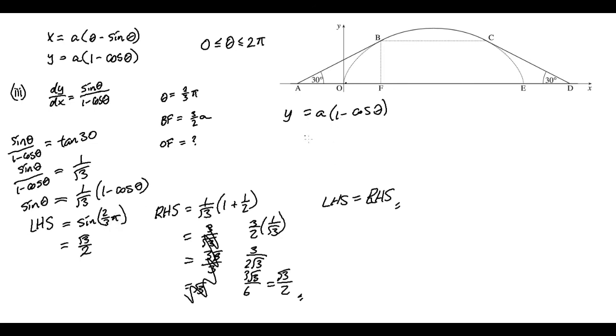Why is that? And we want to find, let's see. So we know that 1 minus cos theta is equal to sine theta times root 3 according to this equation, because we just multiply root 3.